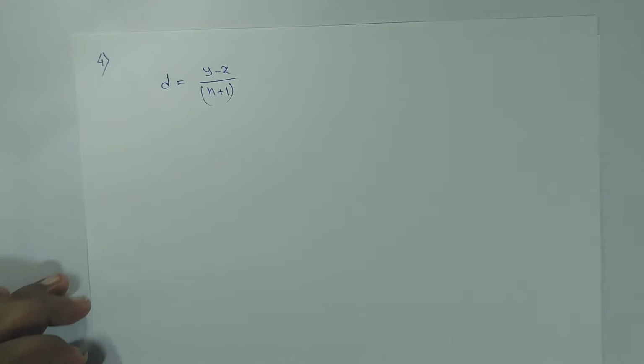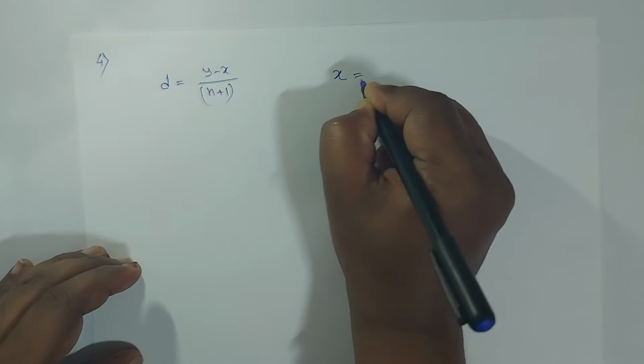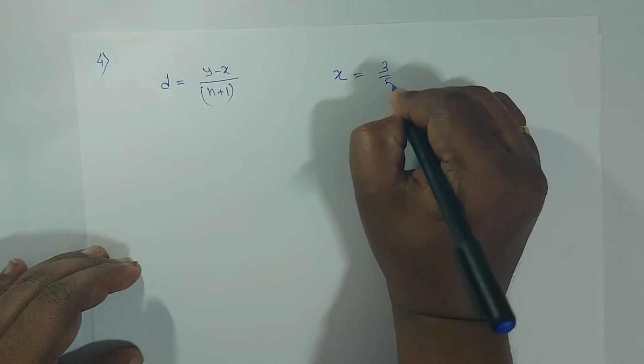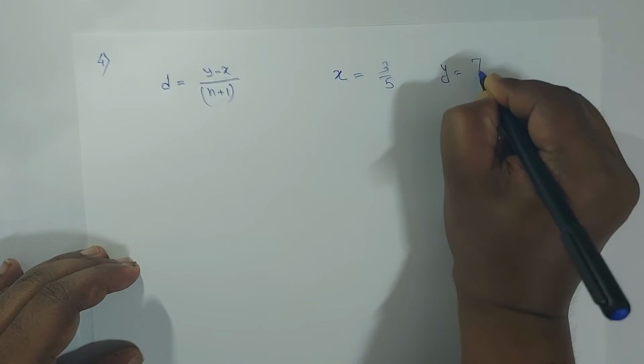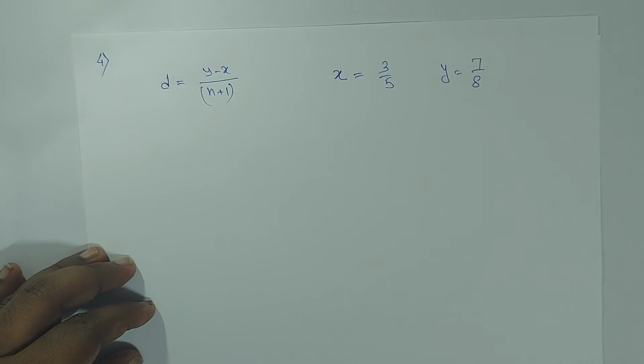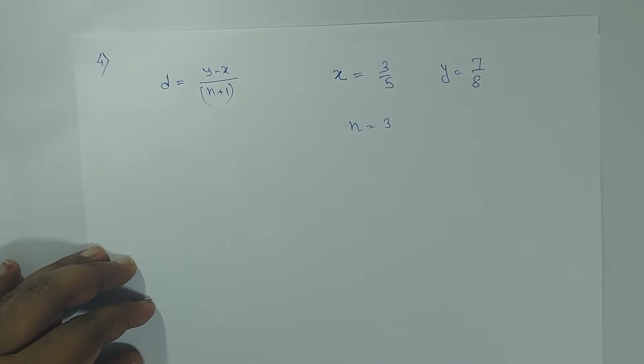Now in this formula, x is 3/5, y is 7/8, and n is the number of rational numbers we want. We want 3 rational numbers.